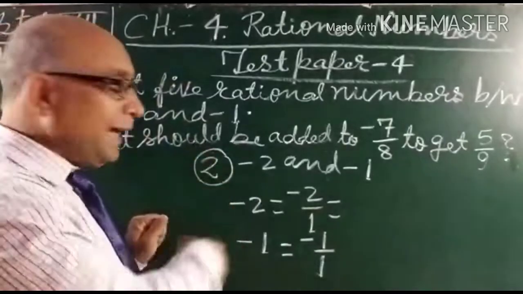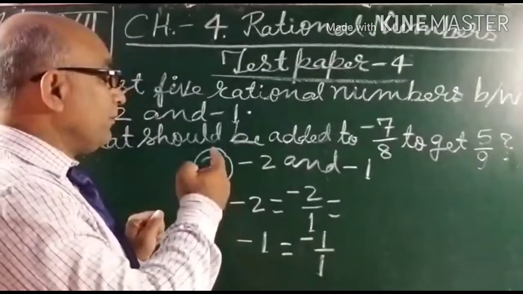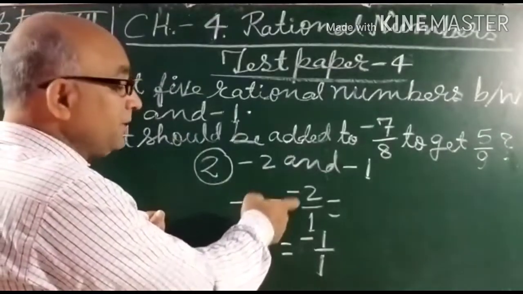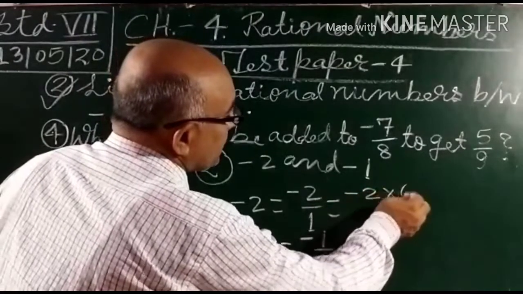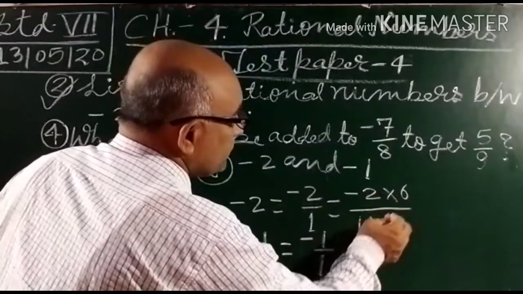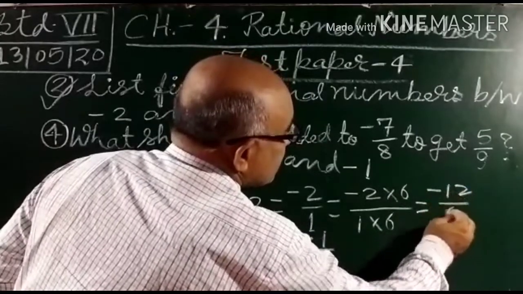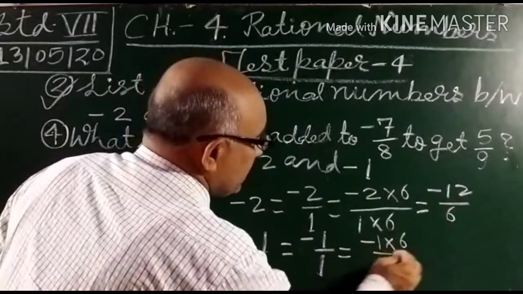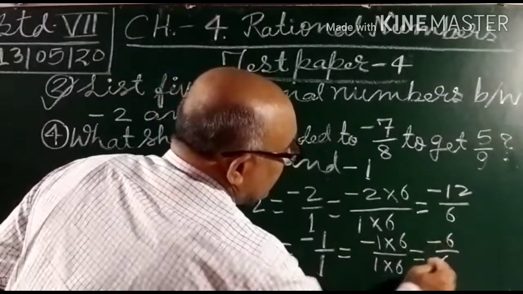We have to find 5 rational numbers, so multiply numerator and denominator by 6. -2 into 6 by 1 into 6 equals -12 by 6, and -1 into 6 by 1 into 6 equals -6 by 6.